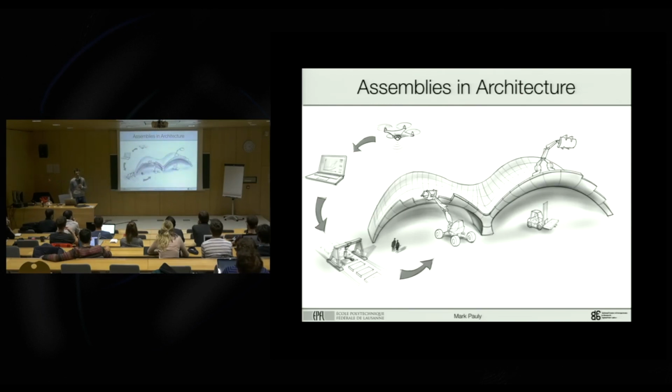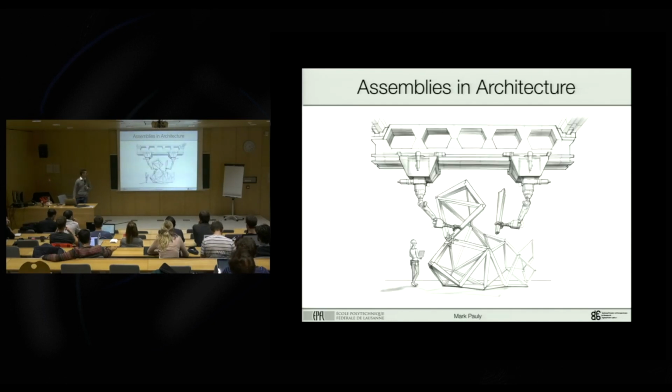These are some pictures from a large project hosted in Zurich, the NCCR on digital fabrication and architecture, where we want to use robotics and computational design to build and assemble complex structures. If you're interested in that, I can tell you a little bit more afterwards.